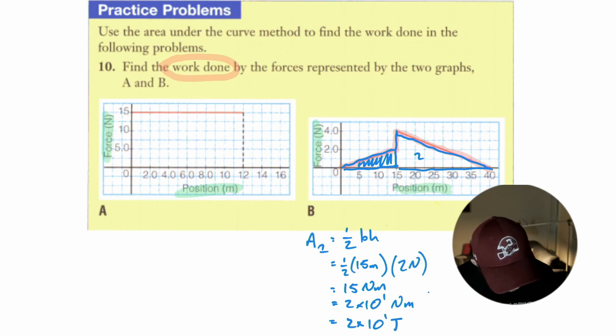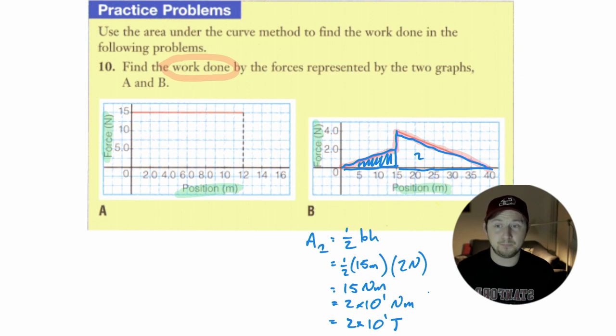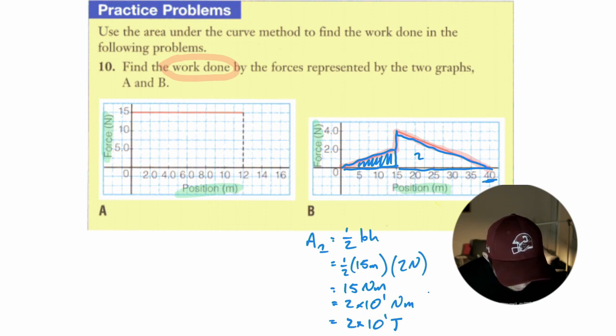So our formula is the same: 1/2 base times height. Let's plug in our information here. Our base, now this is the change in position, so we're not going to put 40. We're going to put 40 minus 15. That gives us this whole base length here. So 40 minus 15 gives me 25.